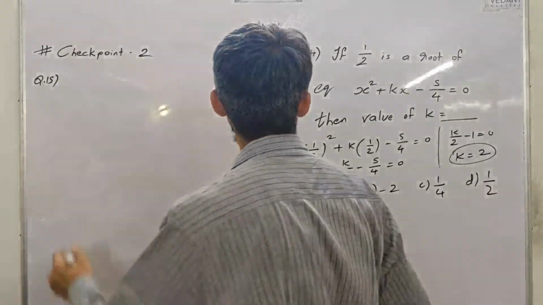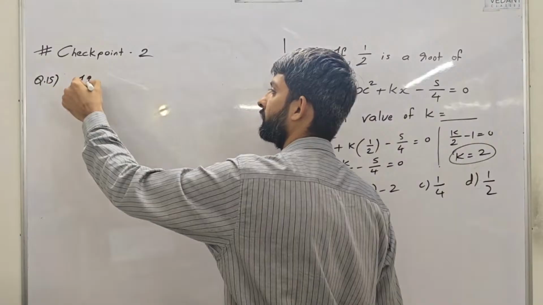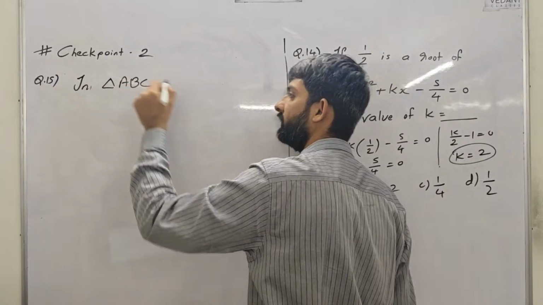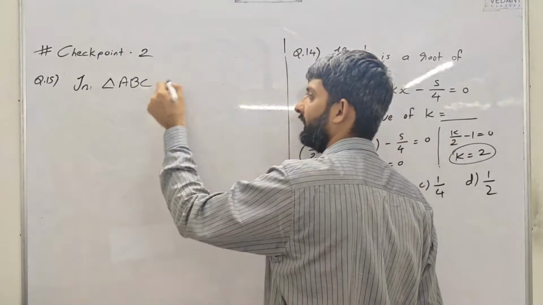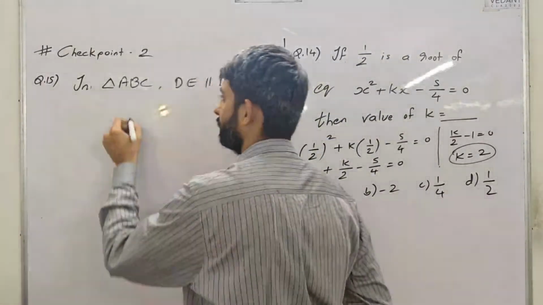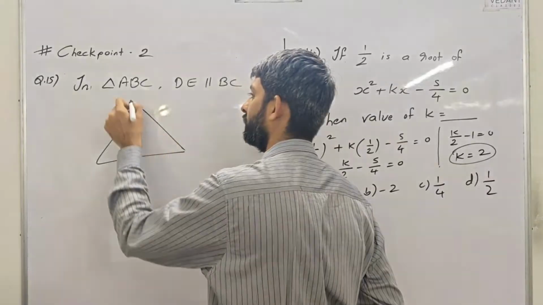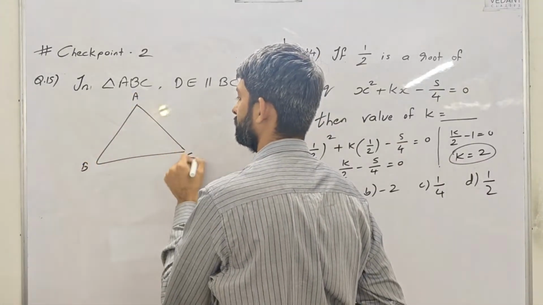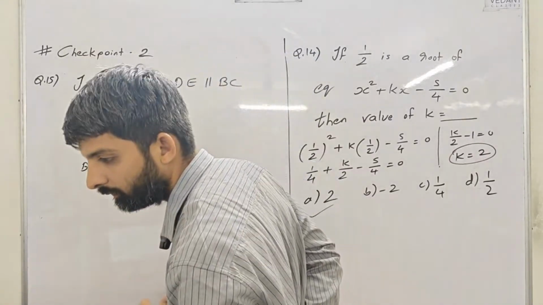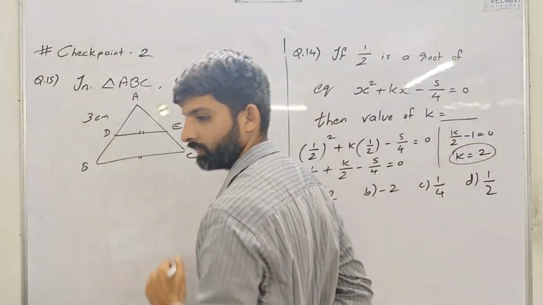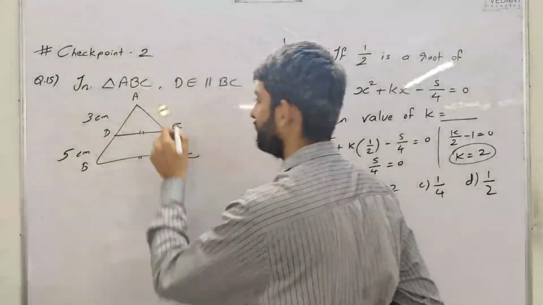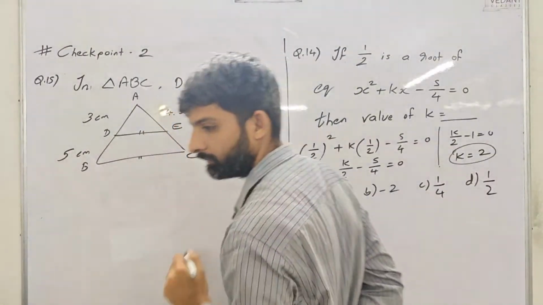In triangle ABC, question number 15. In triangle ABC, DE is parallel to BC. The triangle is not given, but for your reference, I am drawing it right now. So DE is parallel to BC. The value of AD is given as 3 centimeter. The value of DB is given as 5 centimeter. The value of AE is given as 4.5 centimeter.